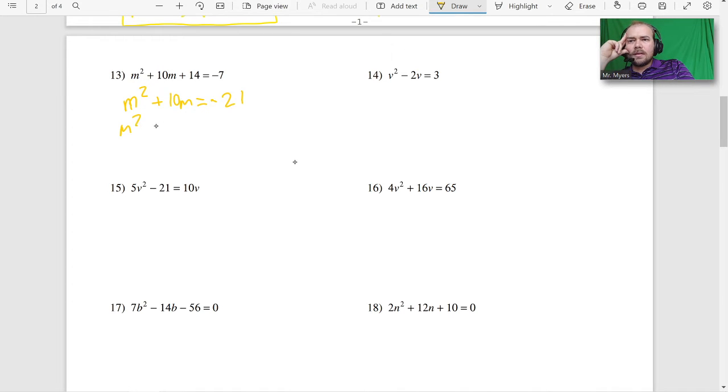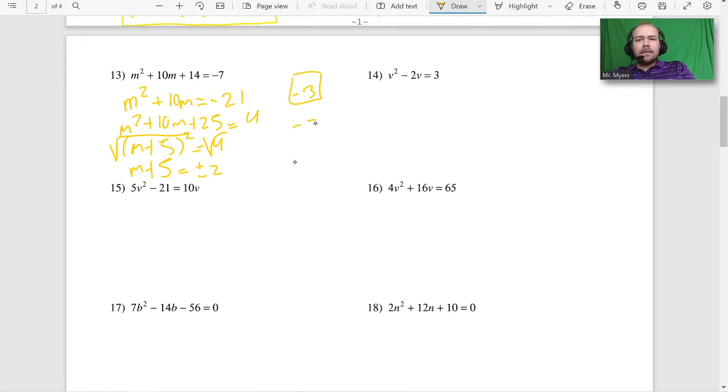So m squared plus 10m. That's 5, so 25. 25 minus 21 is 4. M plus 5 squared equals 4. Square root. And m plus 5 is equal to plus or minus 2. 2 minus 5 is negative 3.